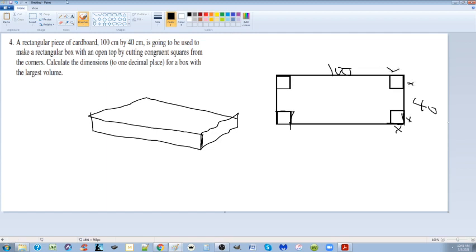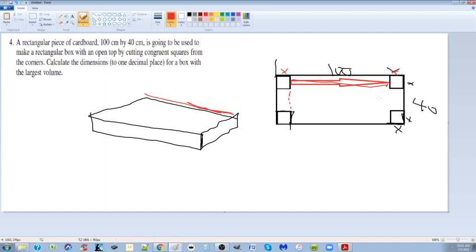Well, since I know the full length here, from here all the way to here is 100, my question is, what is this length here from the edge of this box to the edge of that box? And since this length here is x, and this length here is x, the red length from here to here, which is going to be this length of the box, because you're folding these flaps up, you see?